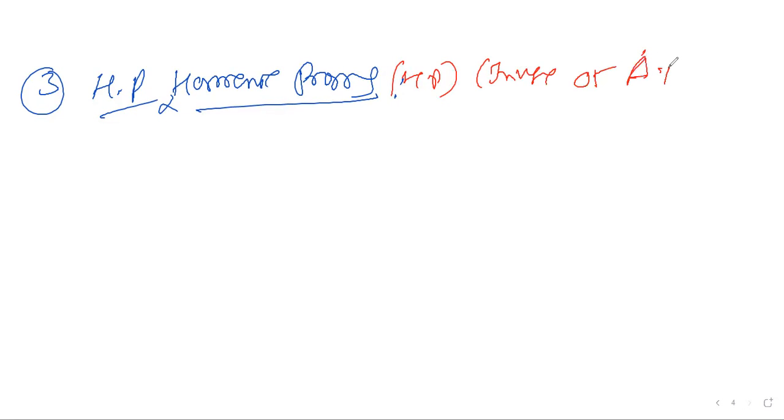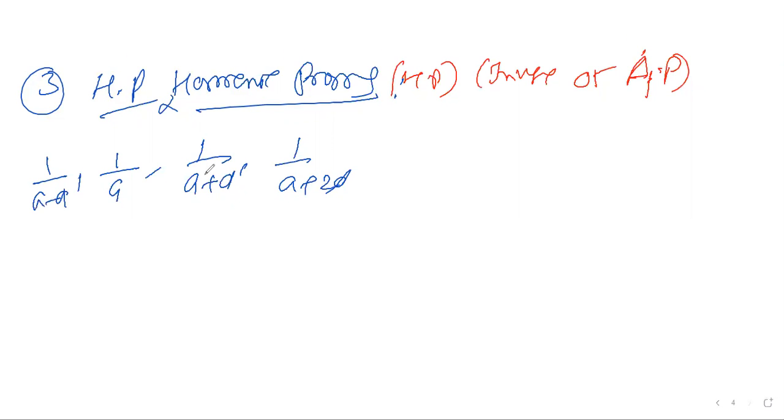Let me write how the series will be: 1 by A, 1 by A plus D, 1 by A plus 2D. If you go back, 1 by A minus D. The series should be like this, going on.